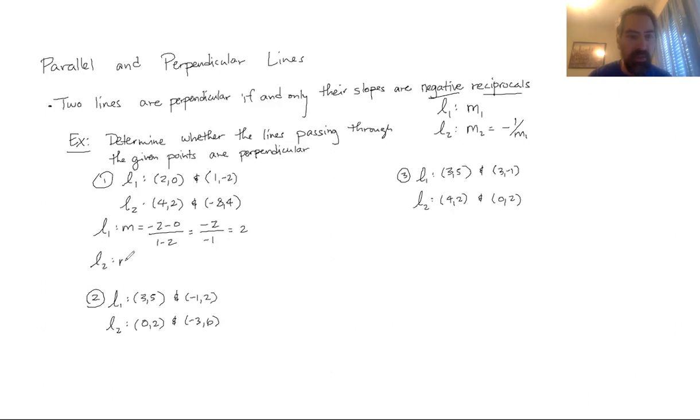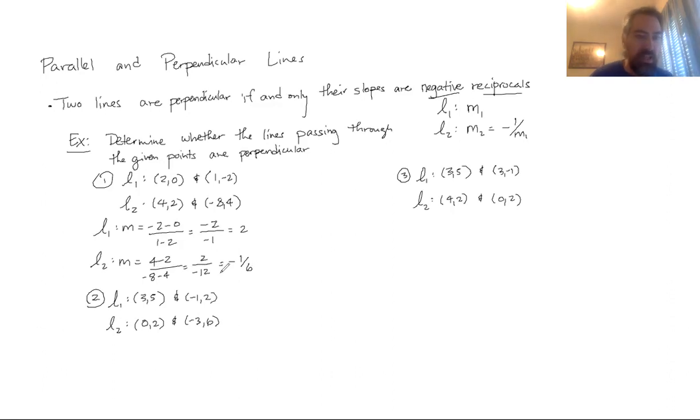Now the slope of L2 is the difference of the y values, 4 minus 2, divided by the difference in the x values, -8 minus 4. 4 minus 2 is 2, and -8 minus 4 is -12, which simplifies to -1 over 6.